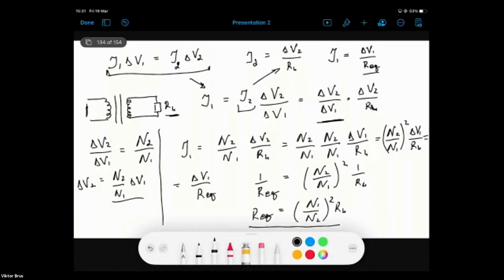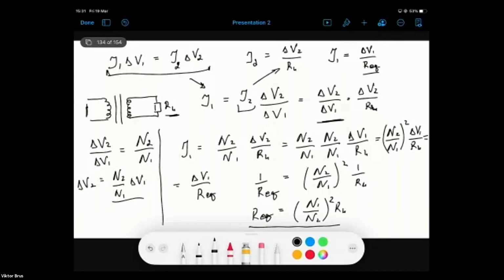And that is kind of interesting, since the resistance of the input has some feedback with the resistance of the output, and also with the ratio of the number of turns in each coil.